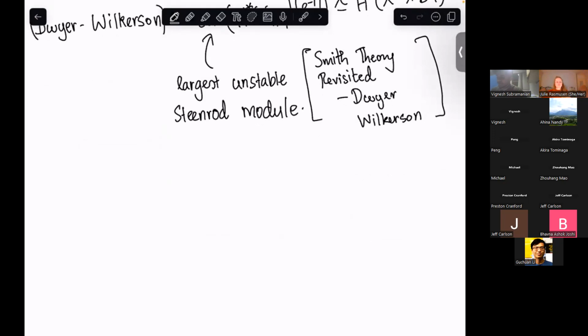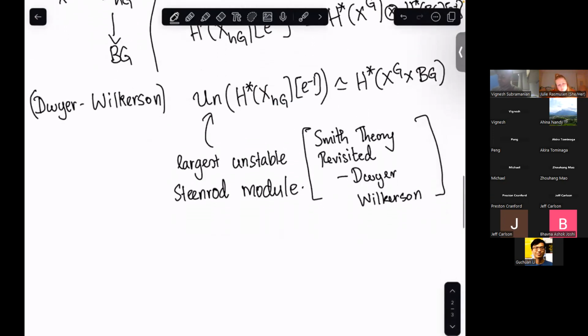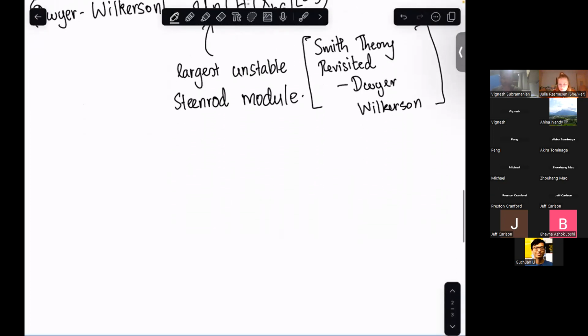Okay, and so in particular, you can recover the cohomology of the space. So what this project that we wanted to answer was, can you recover the entire P local homotopy type of your fixed points? Not just the cohomology, but can you recover the entire P local homotopy type of your fixed points?